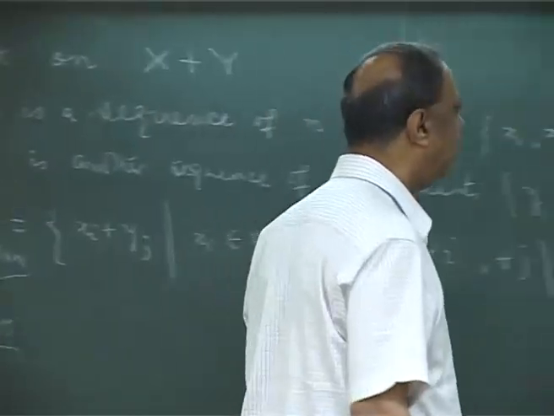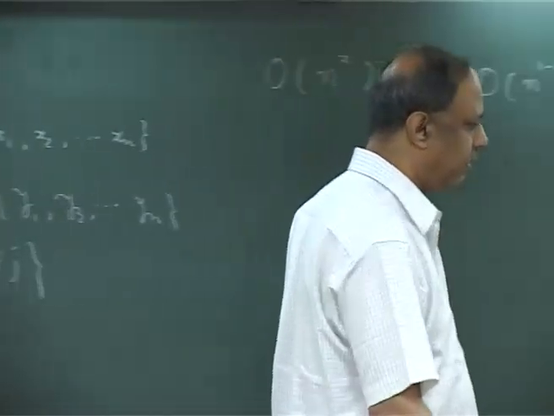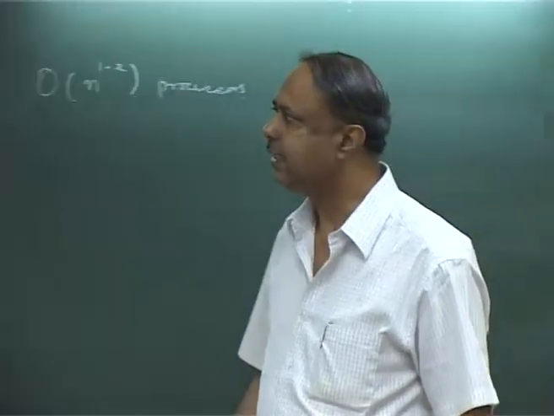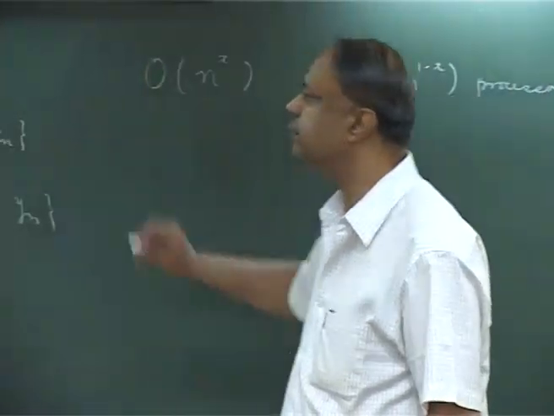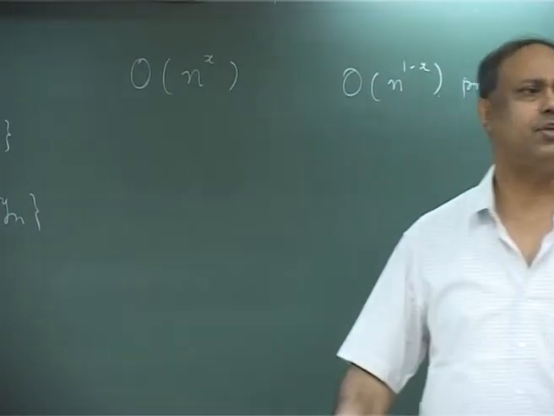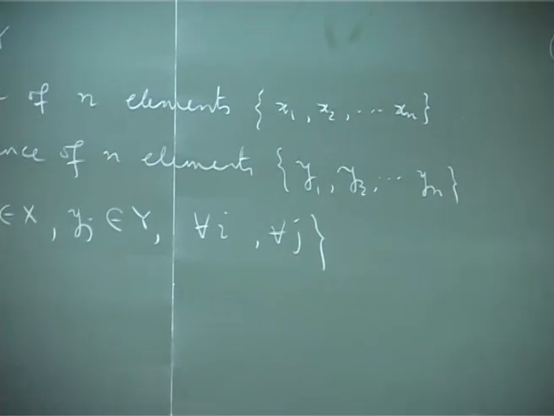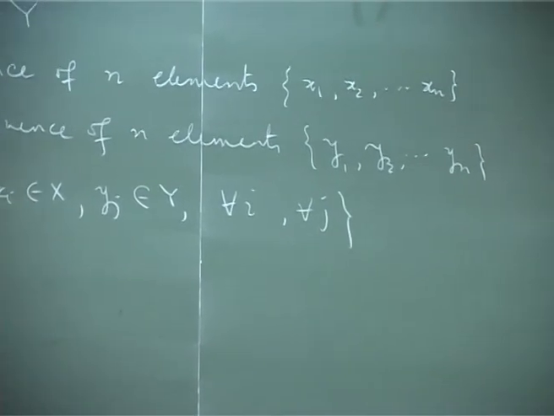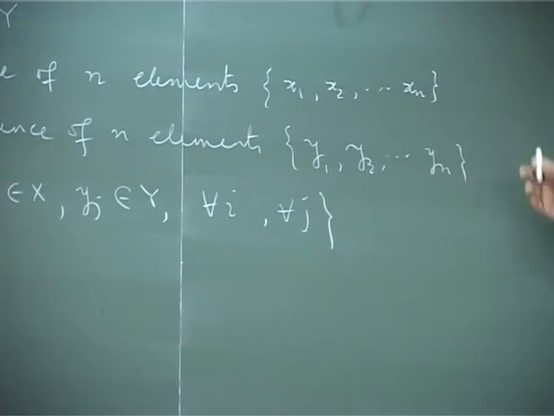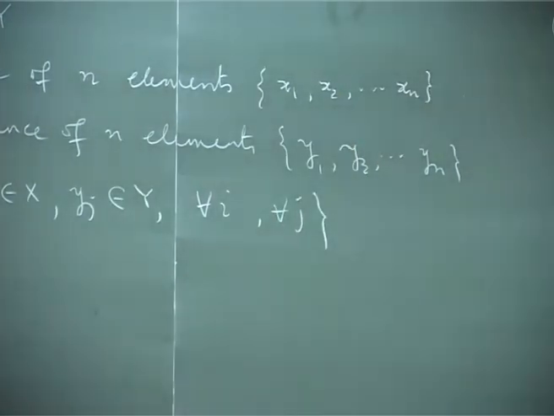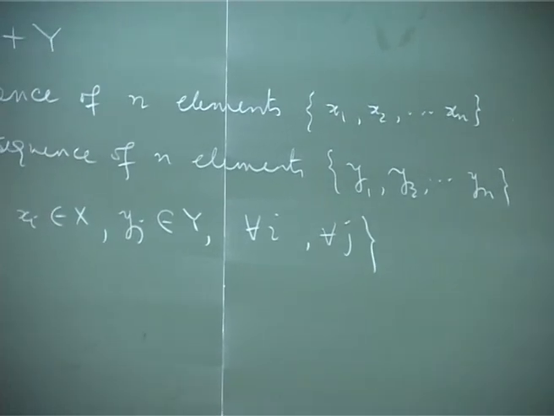Now, a little background. Let us assume that X is sorted, or if it is not sorted, you can use your n processors to sort it, which takes order log n time by the most recent algorithm.